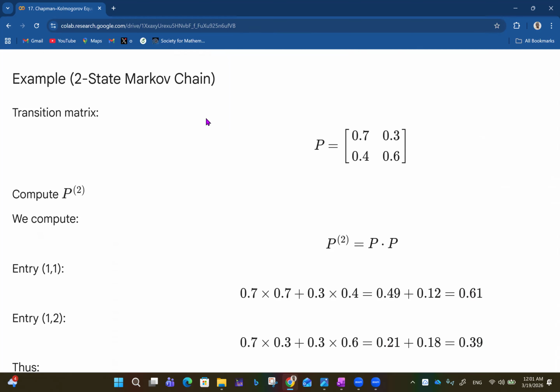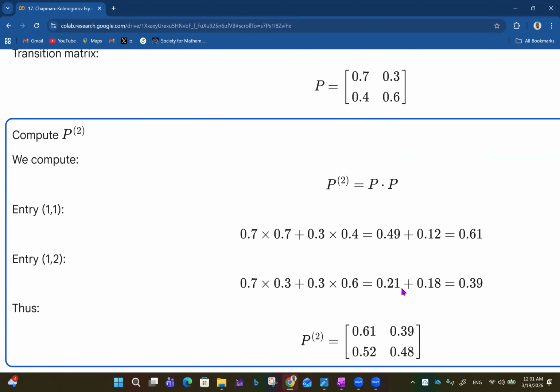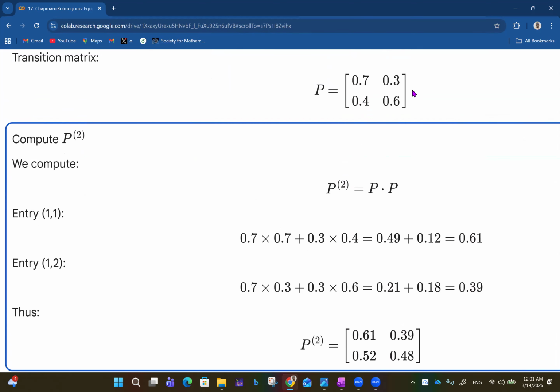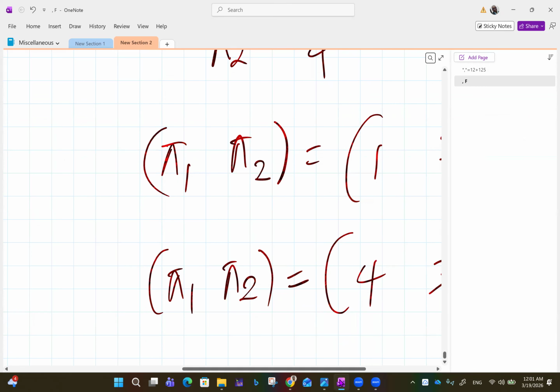So we have the two-state Markov chain. For the transition matrix P, which is 0.7, 0.3, 0.4, 0.6, we compute P squared, which is P times P. I think that was done in a previous video, but I feel like I should still do it.